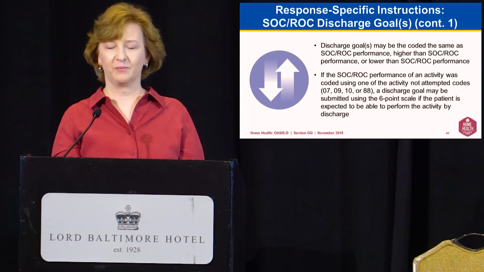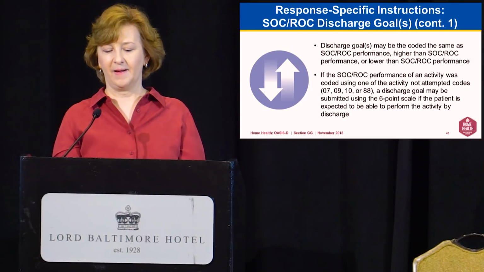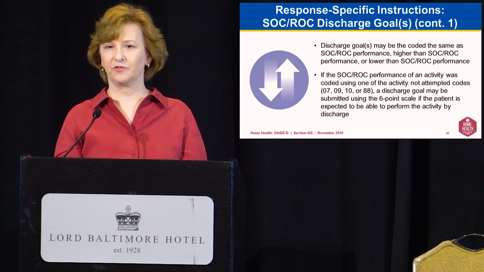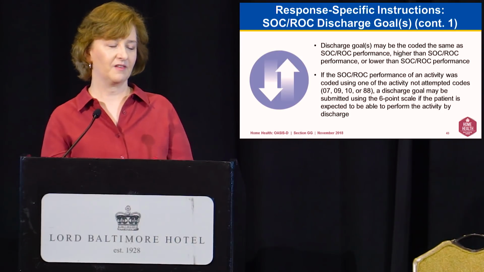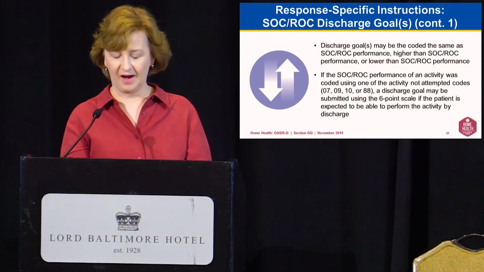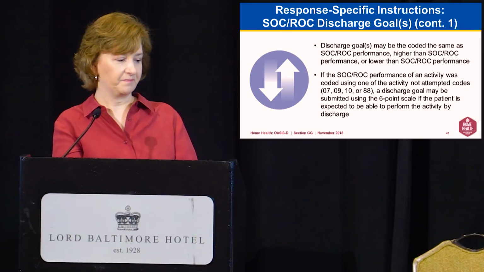And so it's possible that in this instance the score may be lower. For example, somebody who is expected to decline, you would see perhaps lower goals in some areas.